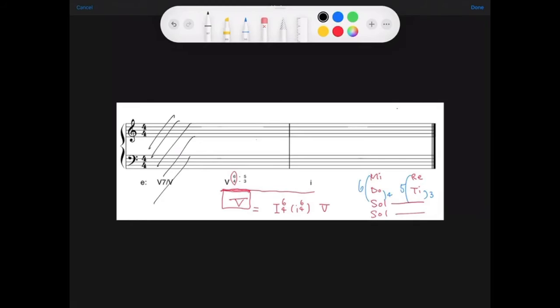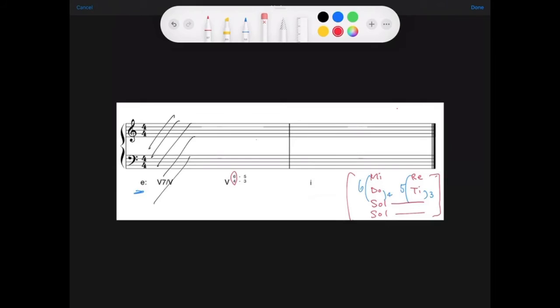So first, we need to know what key we're in. We are in the key of E minor. So in the key of E minor, the 5 chord starts on the B. So using the concept we just talked about earlier, we'll just put those notes. Things are getting a little messy. I'll erase this.